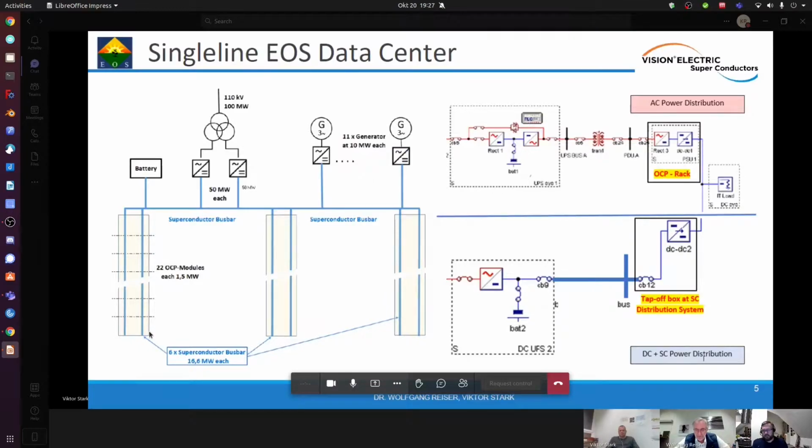It's not easy to supply the same level over such a long length traditionally, but with superconductor busbars you will have the identical voltage and supply stability over the whole length, correct? Absolutely correct. Well recognized. So that is one of the big advantages.